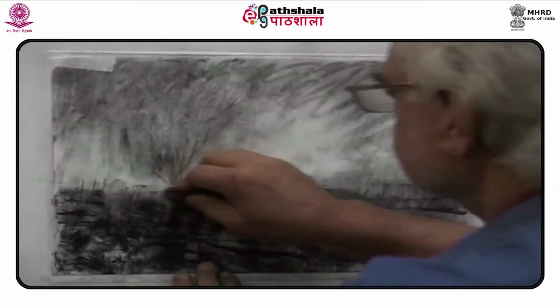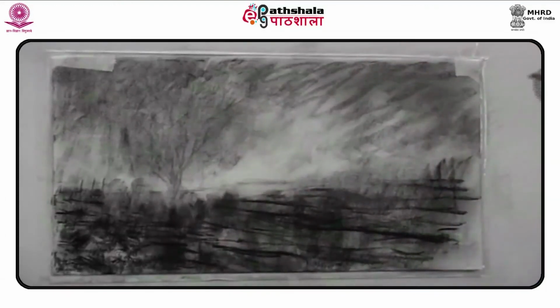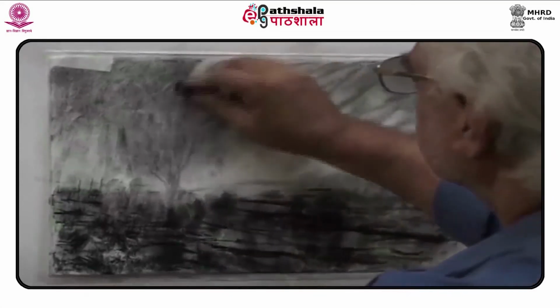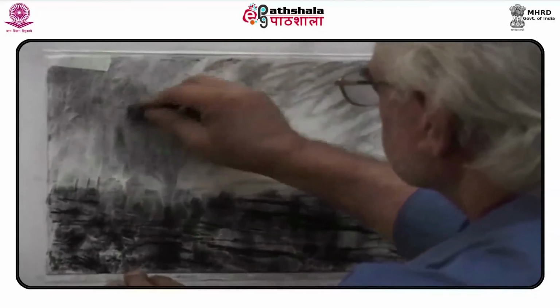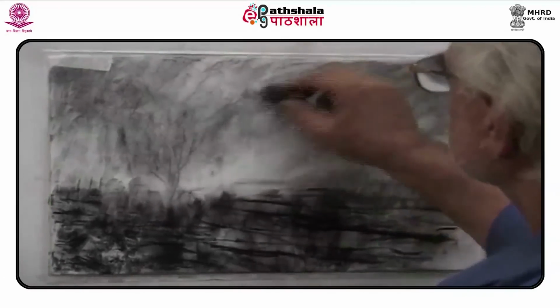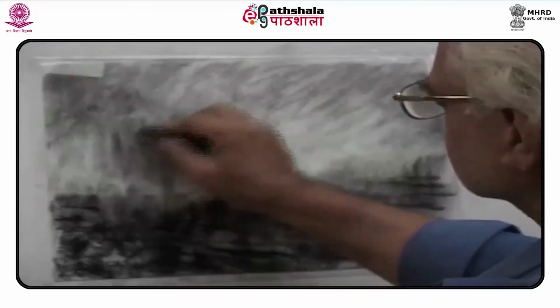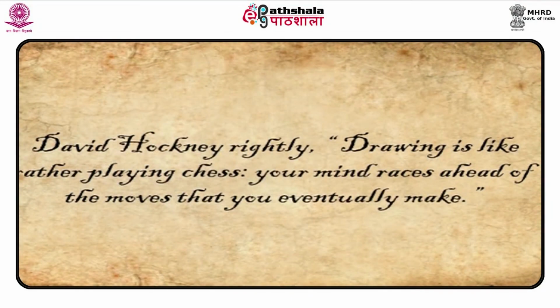With more smudging, one can erase the darkest area, and another impression comes of a space as if it never had that bold tree on it. David Hockney rightly said, drawing is like playing chess.